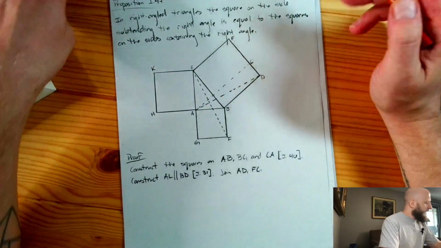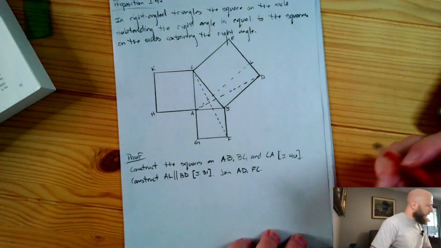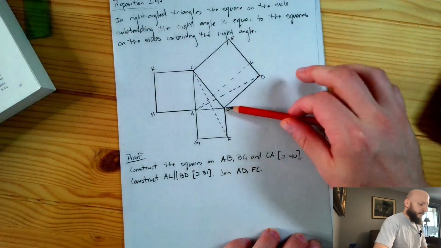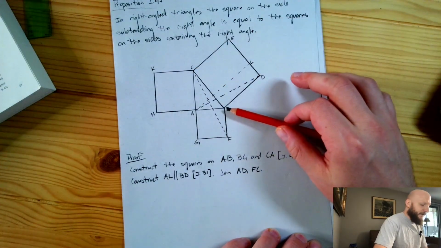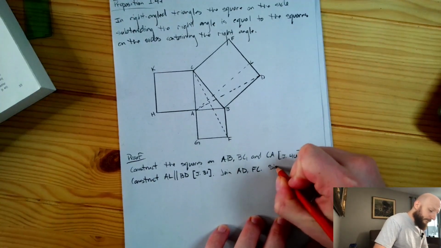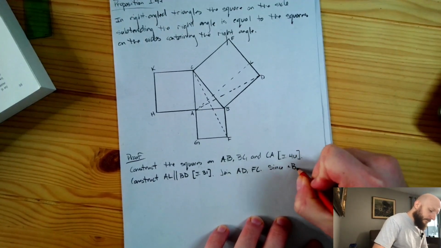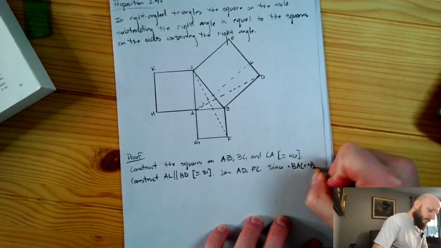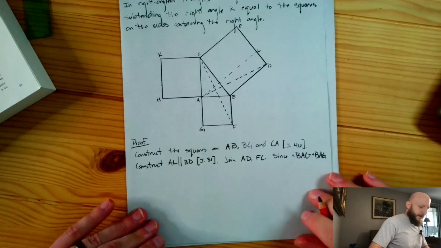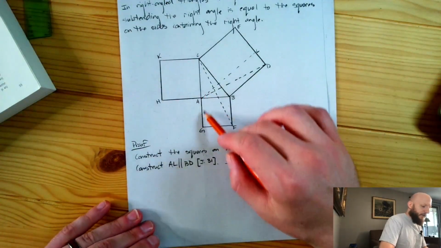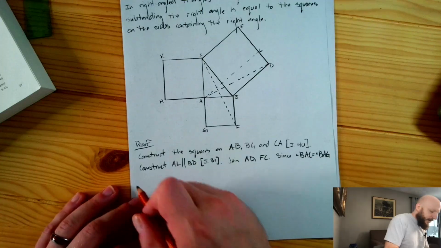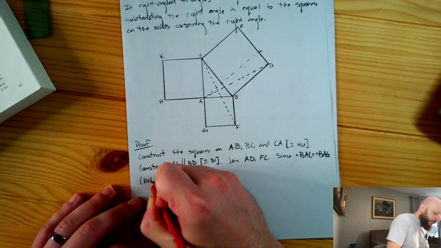What do we do? Since angles BAC and BAG are right, and that's just by construction, since this is a right-angled triangle and this is a square we constructed, both are right.